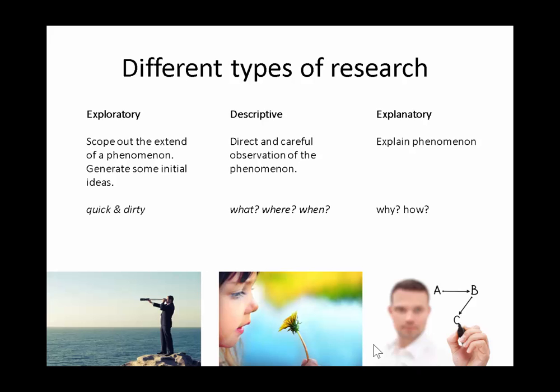Or it can be explanatory, and that gets more to finding an explanation for why something happens the way it happens. And that's what we ultimately want to get to. Doesn't mean that the other types of research are useless. I think they are actually required, they are important to get to the explanatory part at the end of the day. You need to have a good description of your phenomena before you can jump in and try to find an explanation for that phenomena.